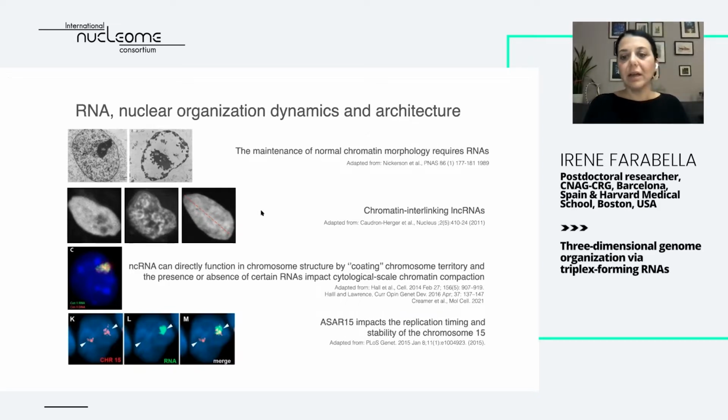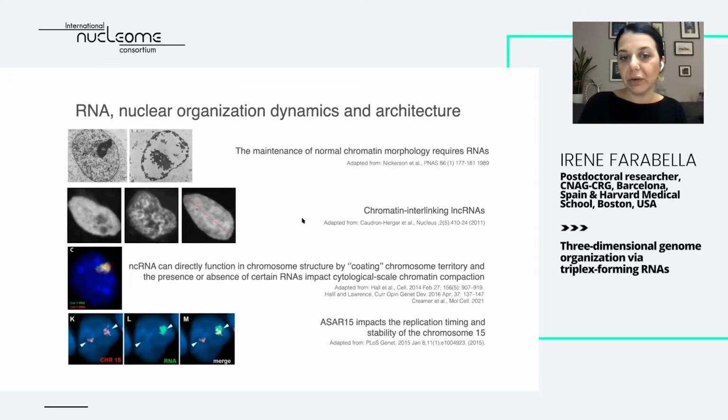Not only that, over the years there are multiple pieces of evidence that non-coding RNA have a function in structuring the genome. For example, particular types of non-coding RNA can coat chromosomal territories, and the presence or absence of this RNA impacts chromatin compaction.